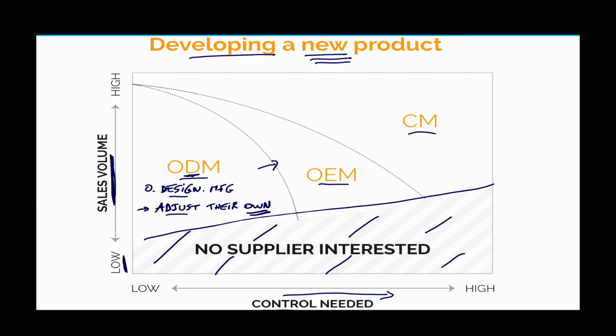Well, guess who's going to have it? Not you. Right? Very hard to enforce good contracts here. It's very hard because basically it's their own product, their own intellectual property.